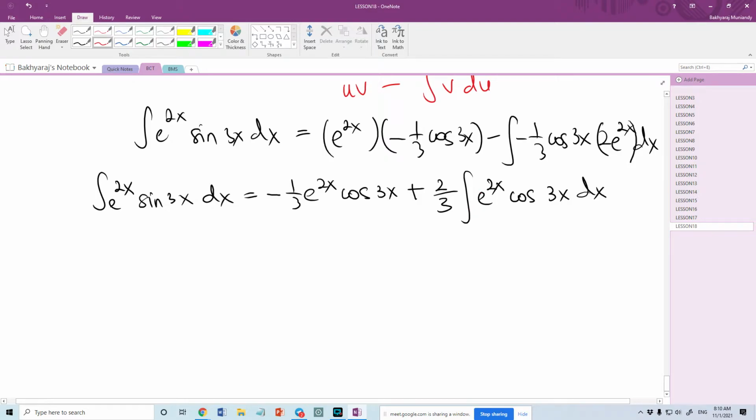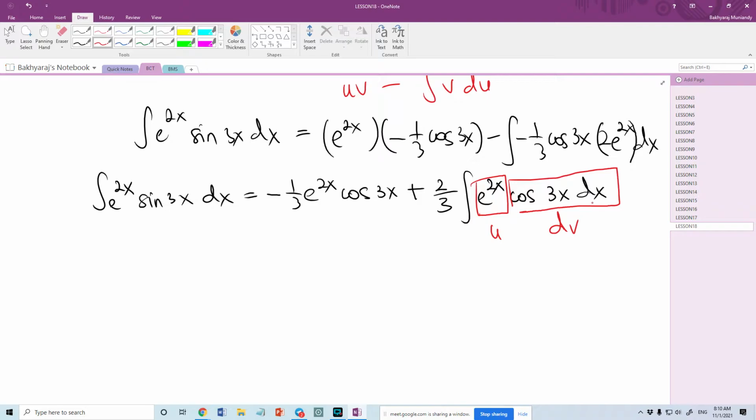So again I must put this as u, and this whole thing becomes dv. I need to proceed with another integration by parts because you see it still has an integral, and we cannot integrate it directly. We have two functions there, one is exponent and another one is trigonometry, so we cannot solve it directly.